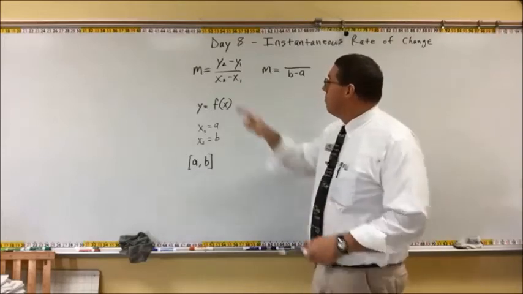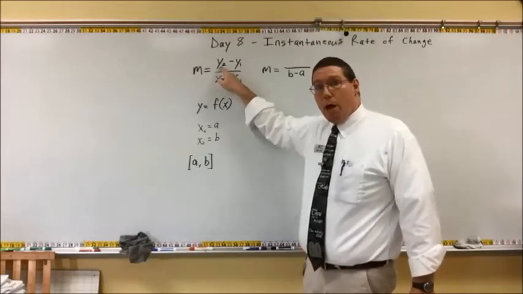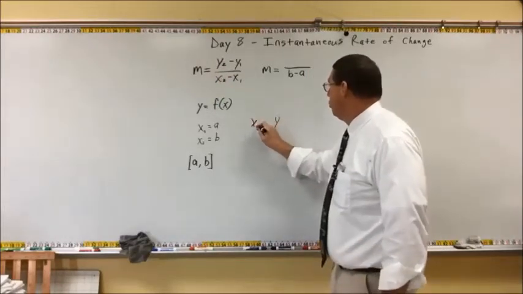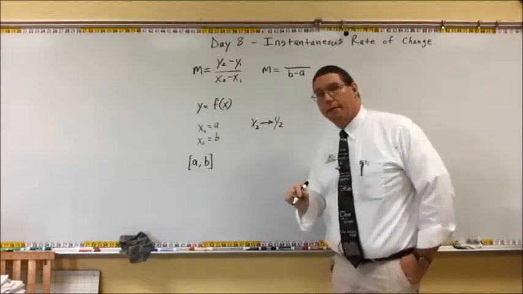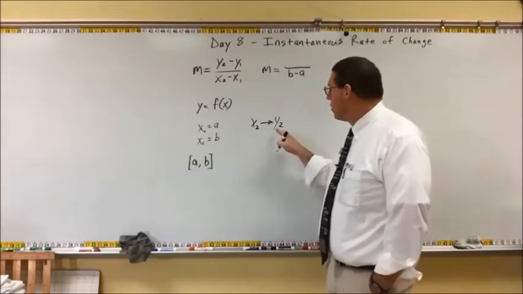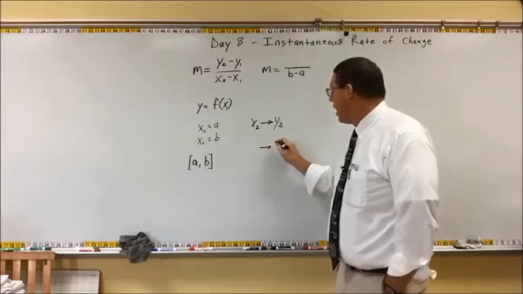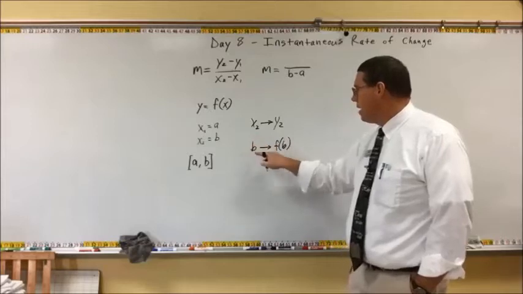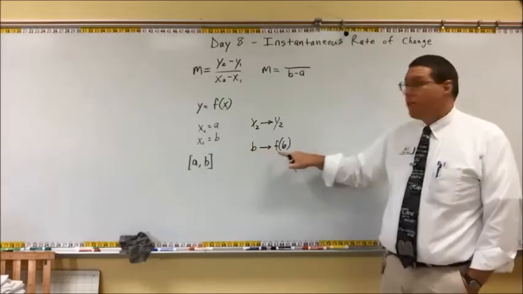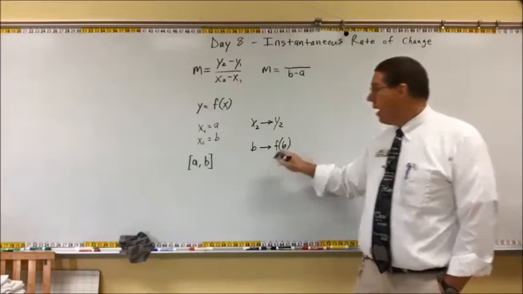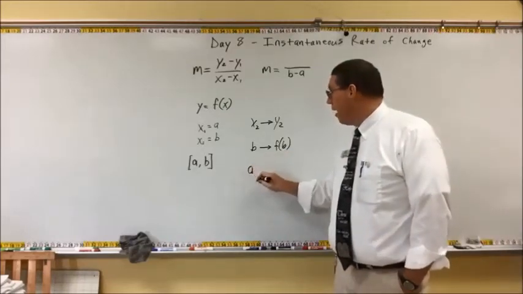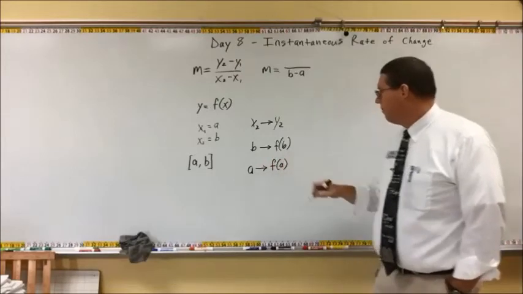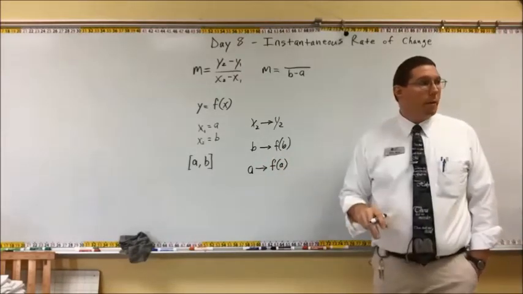So y2 is the output that goes with x2, but since instead of saying y, we're saying f of x, it would be f of b because our input is b. So the input b leads to the output f of b. And the input a, that's x1, is going to lead to the output f of a, correct? Are we okay with this?